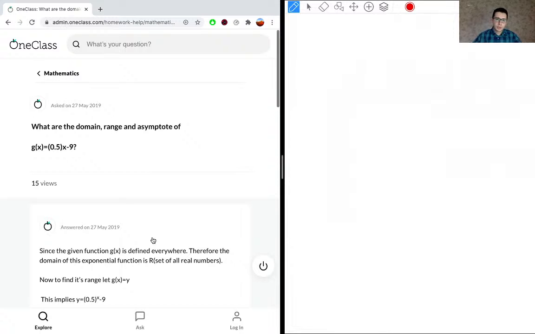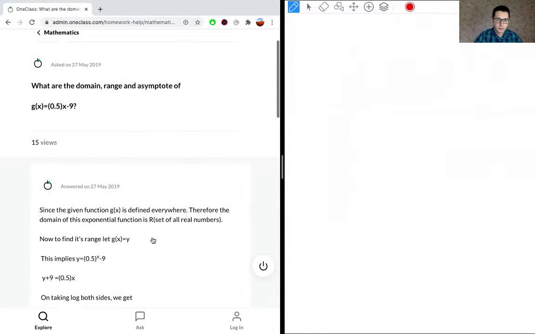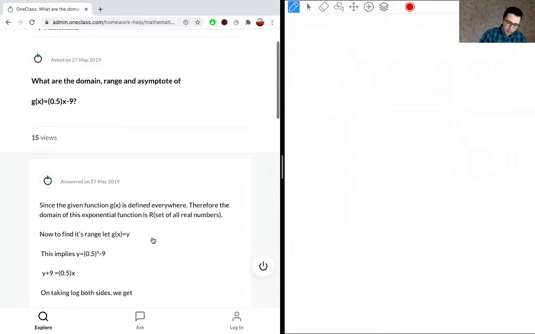What are the domain, range, and asymptote of the following function? So if we had the function g of x equals 0.5 to the power of x minus 9. The domain of a function is the set of input values for which the function is real and defined.